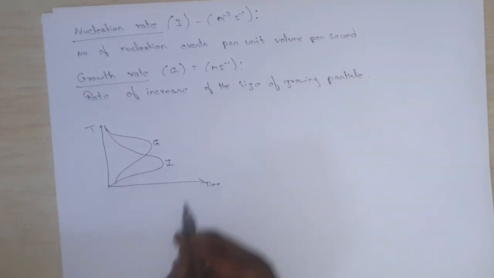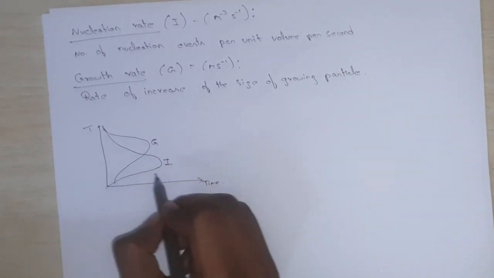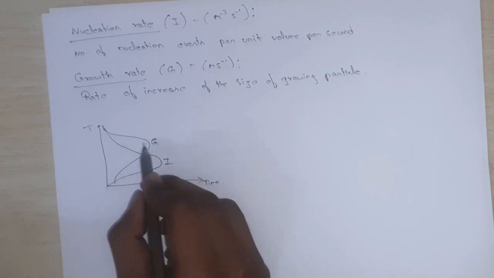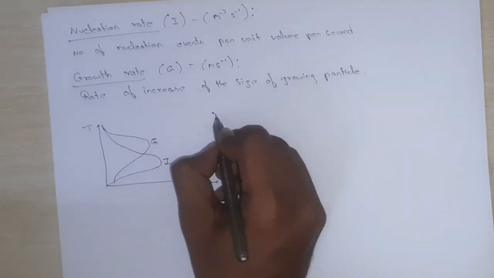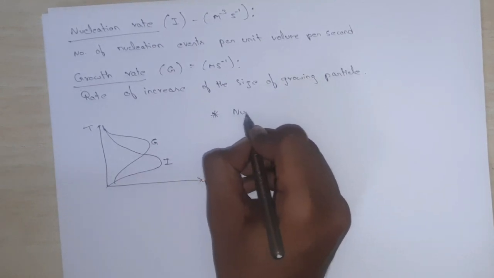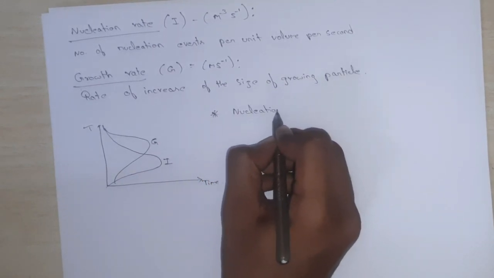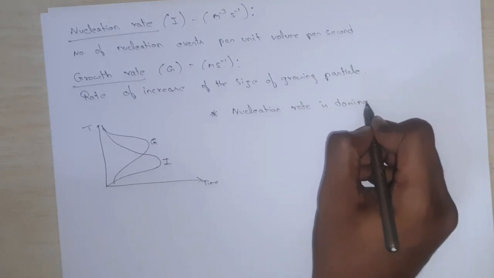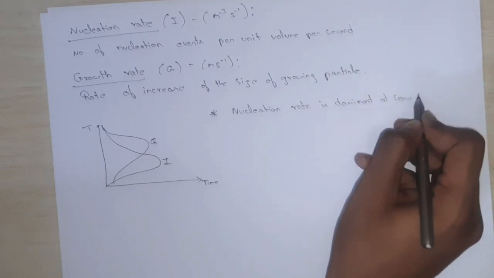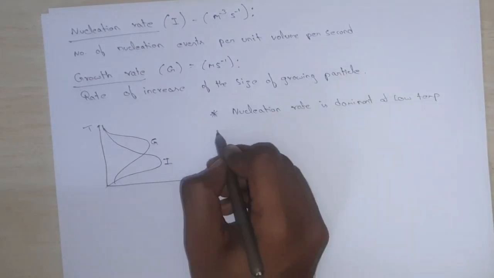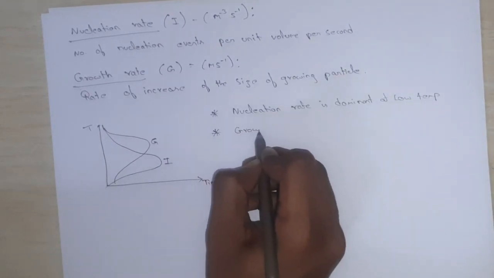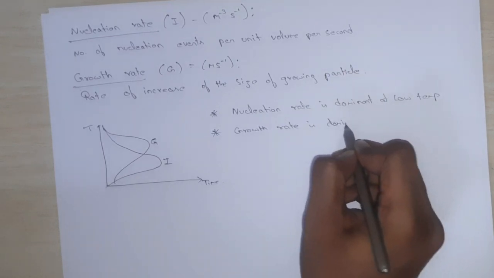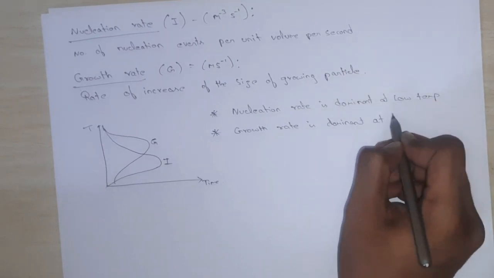If we observe, nucleation rate is dominant at low temperatures and growth rate is dominant at high temperatures. So note this point: nucleation rate is dominant at low temperatures and growth rate is dominant at high temperature.